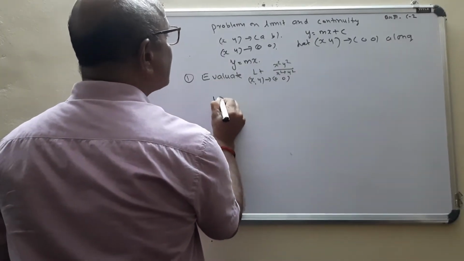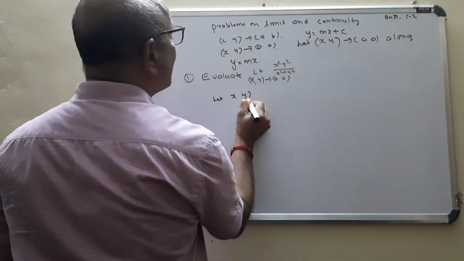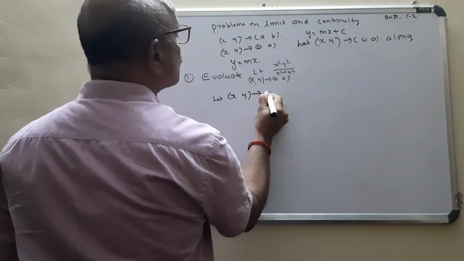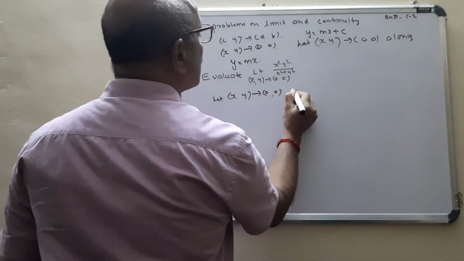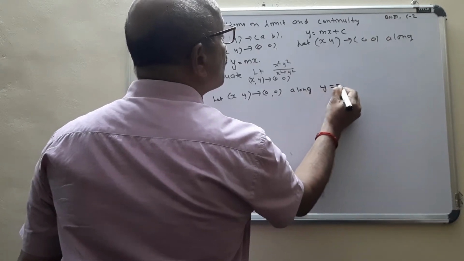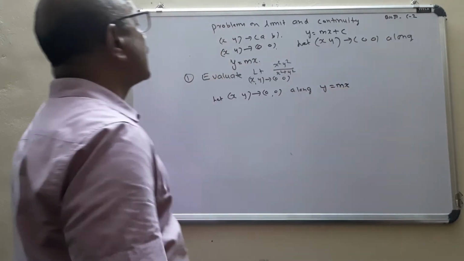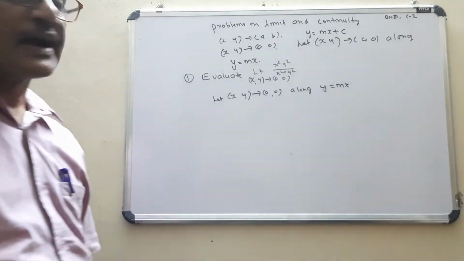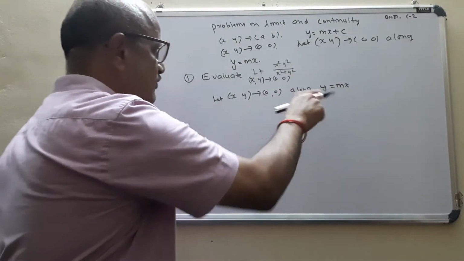As I told you, here you have to take, let (x, y) goes to (0, 0) along y is equal to mx, because you have to evaluate the limit at the origin. So therefore, make this assumption.